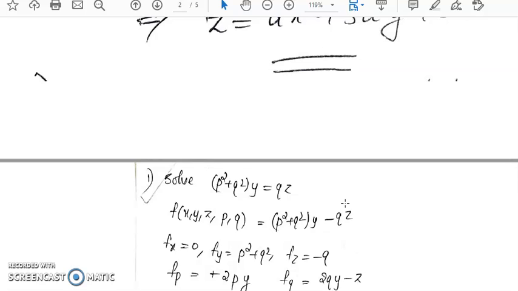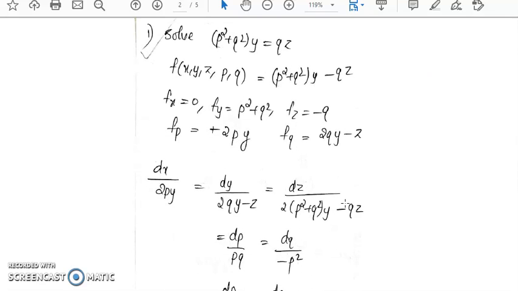And the second question is, you need to solve the equation p square plus q square into y equal to qz. So first of all, let me take f of x, y, z, p, q equal to 0. So I'll write it as p square plus q square into y minus qz equal to 0.